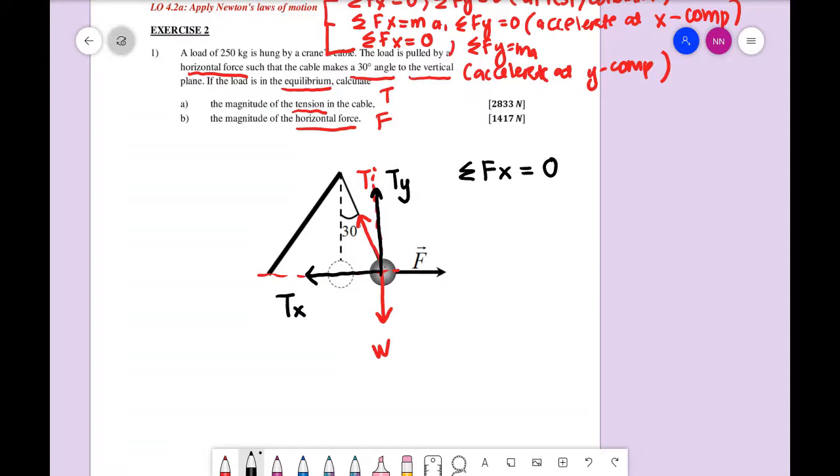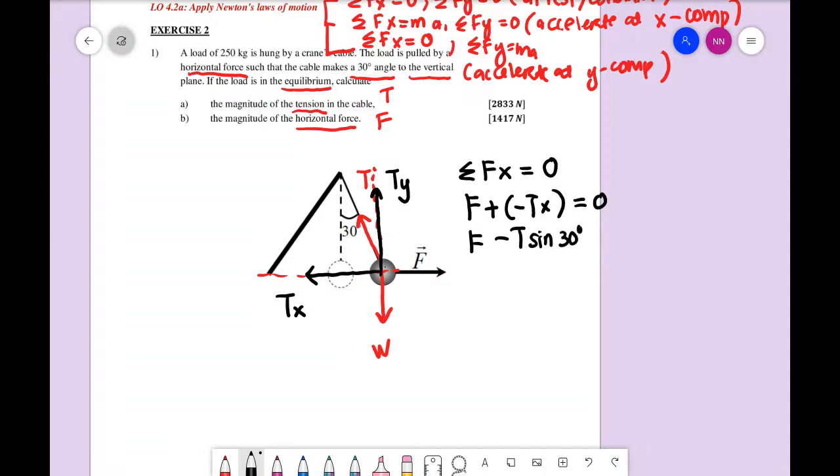So we have F and Tx at x component. So F plus negative Tx. Negative Tx because Tx direction is to the left. Equals to 0. So Tx is T sin 30 degree.